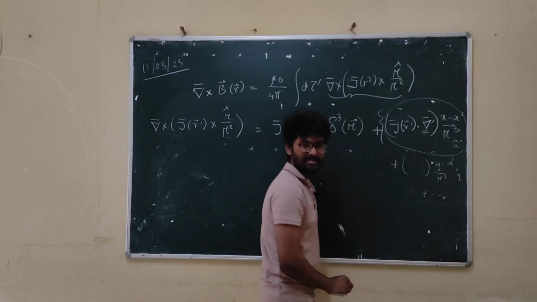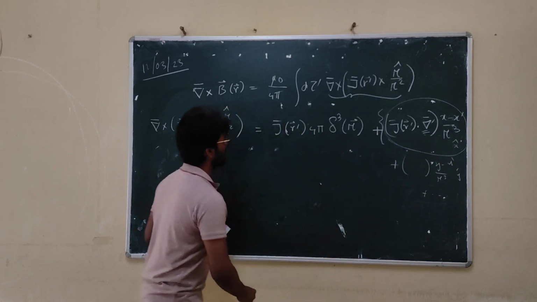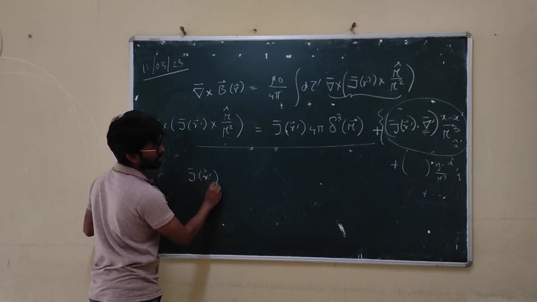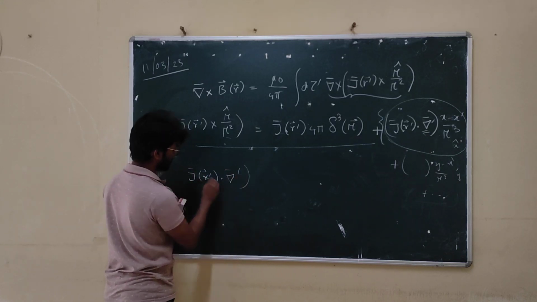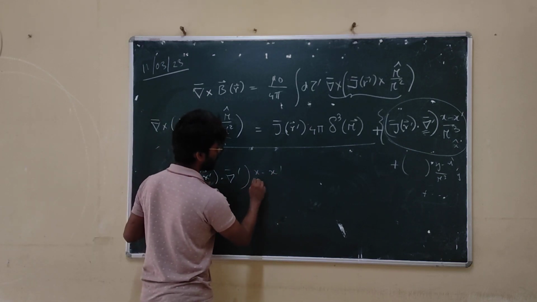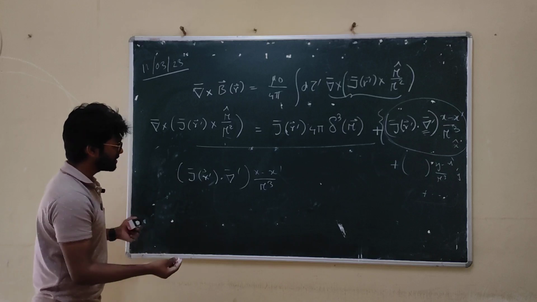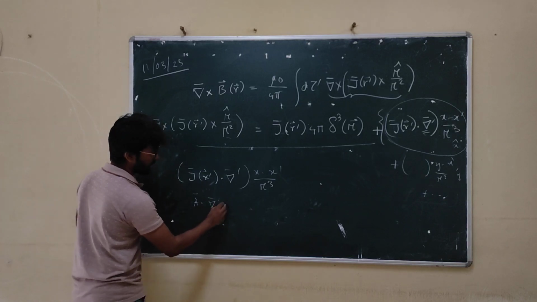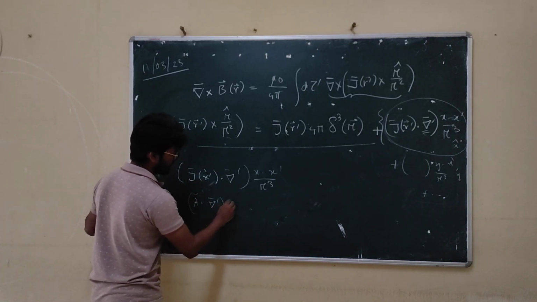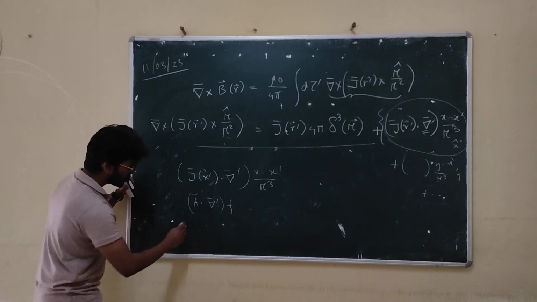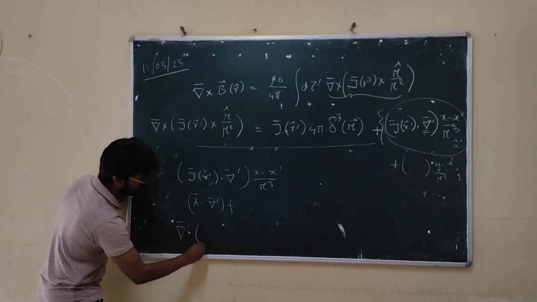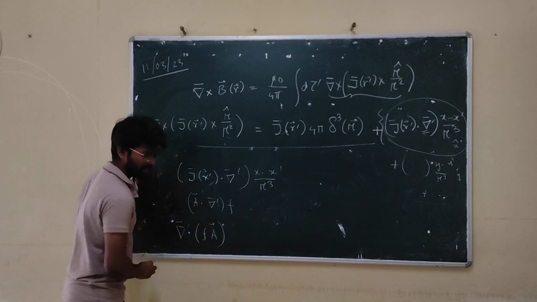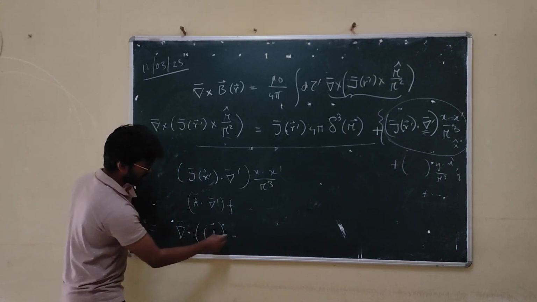Let's take this term, x component of this, and leave it like this. So that is your J of R prime dot del prime of x minus x prime over R cube. And this is nothing but some vector A dot del prime of some scalar function F, which we can write as del prime dot F times A minus something, right?